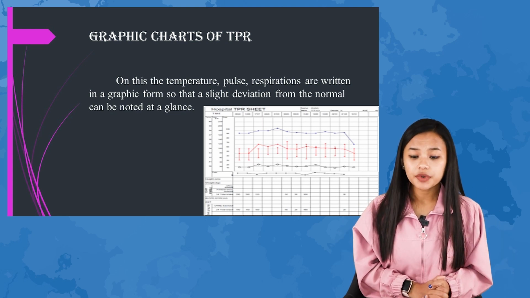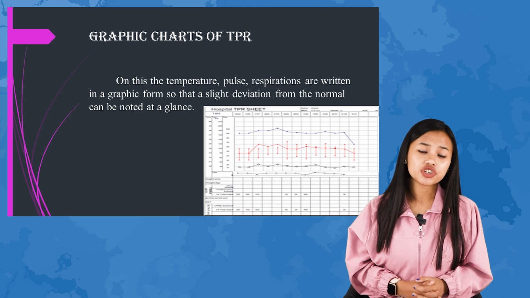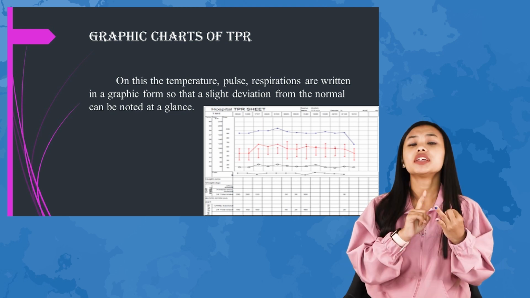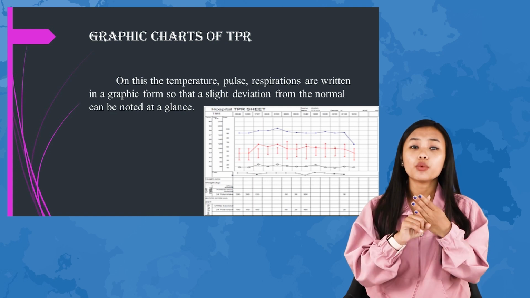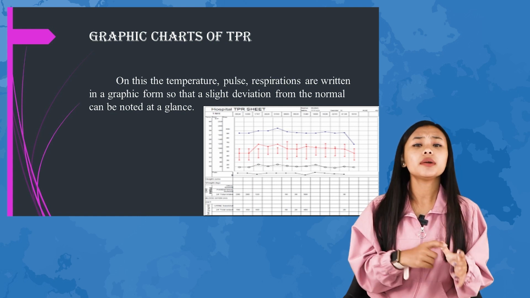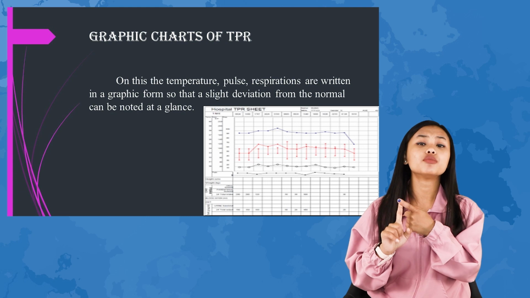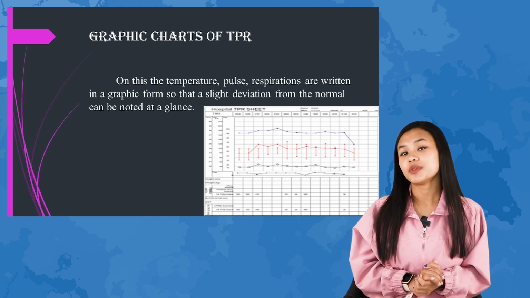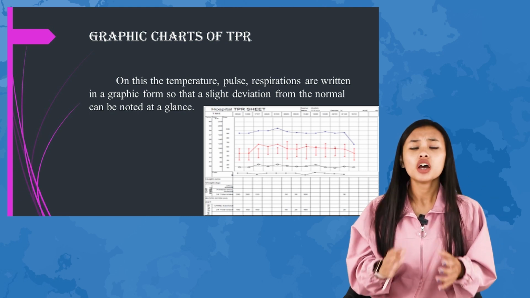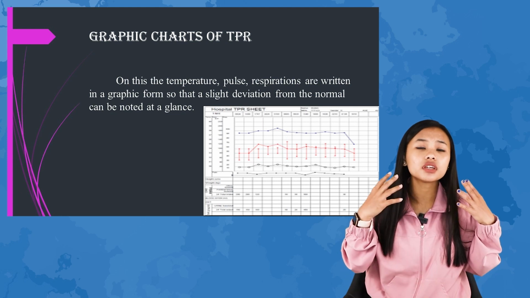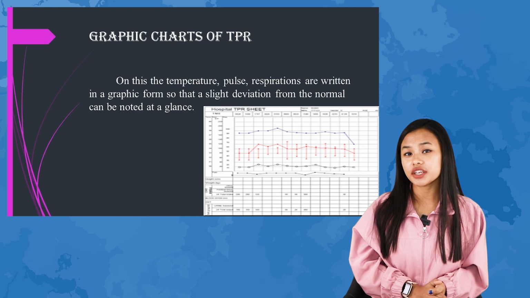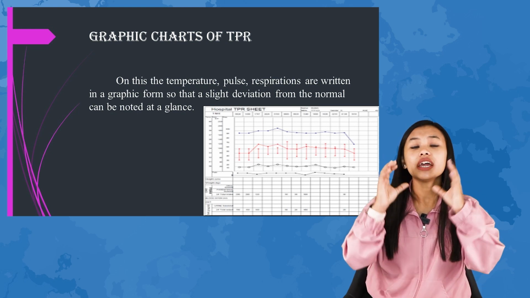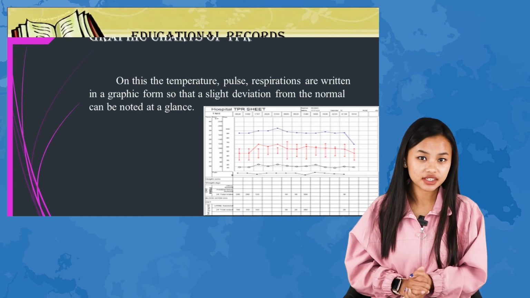And not only TPR, but also any other information such as the blood pressure, the number of bowel movements, the urinary output, the weight of the client, the name, the date of the operation, the removal of sutures, etc. may be recorded on this chart. This graphic chart is very commonly used. Why? Because it is very easy to make out any deviation which can occur in the client's health status.